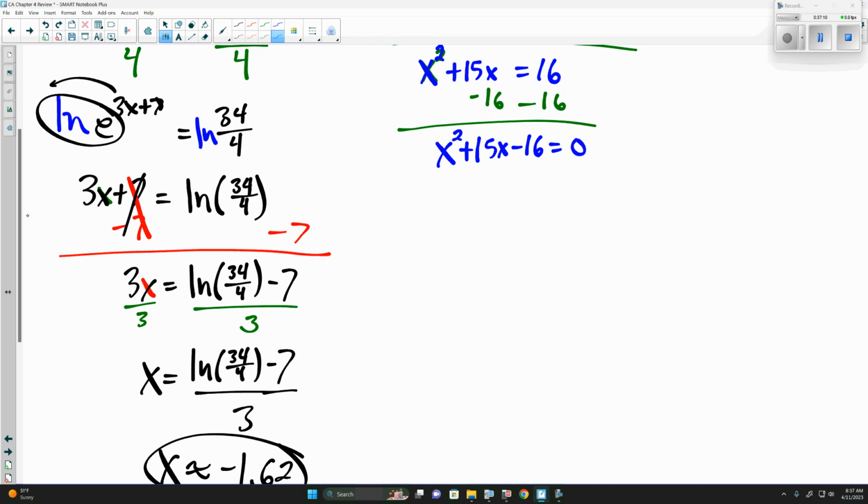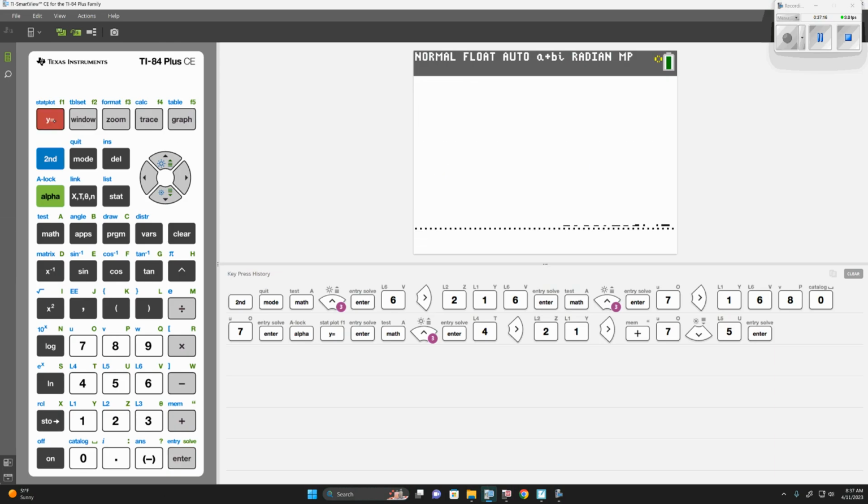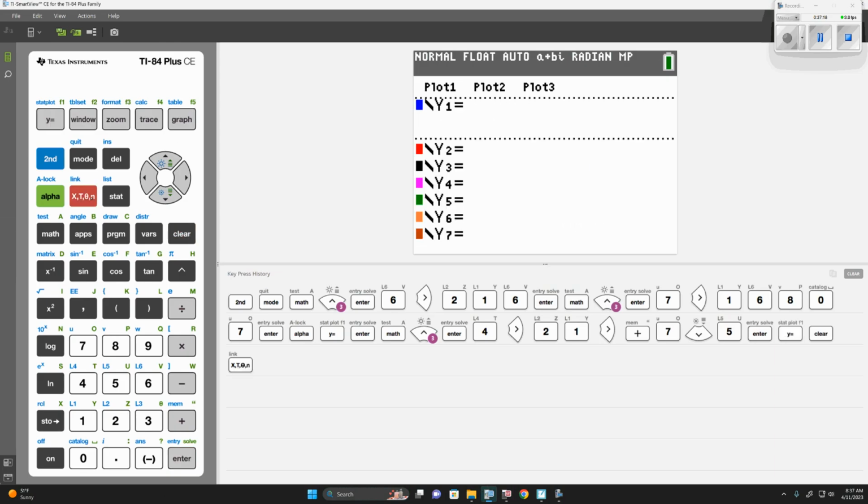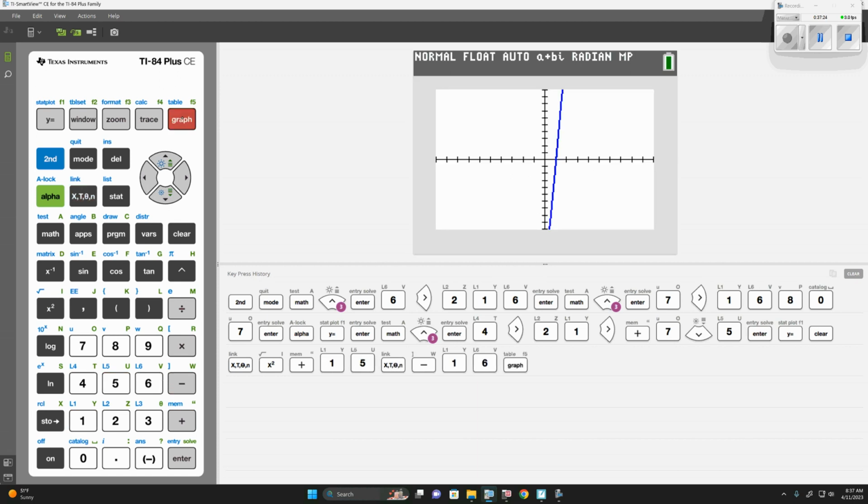Now at this point here, you could factor it, you could graph it, quadratic formula, any method you want. X squared plus 15x minus 16, graph, we do have 2 points.